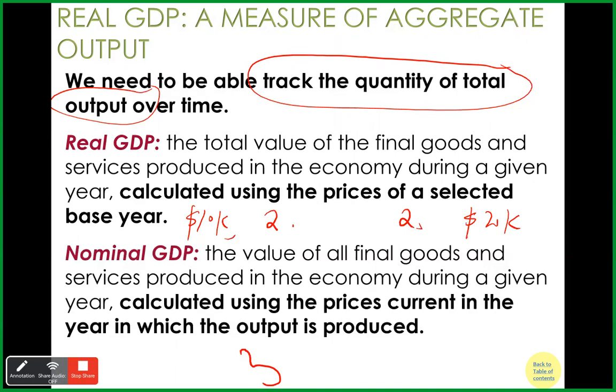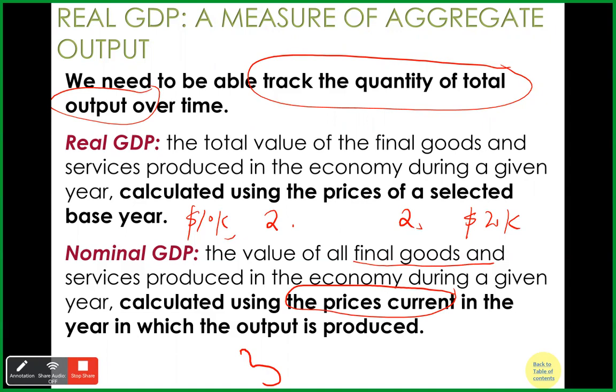What's the difference? Nominal is the value of all goods and services produced, and we calculate it using the price current in the year, or whatever price you observe in that year. So this is nominal. Now, what is real?